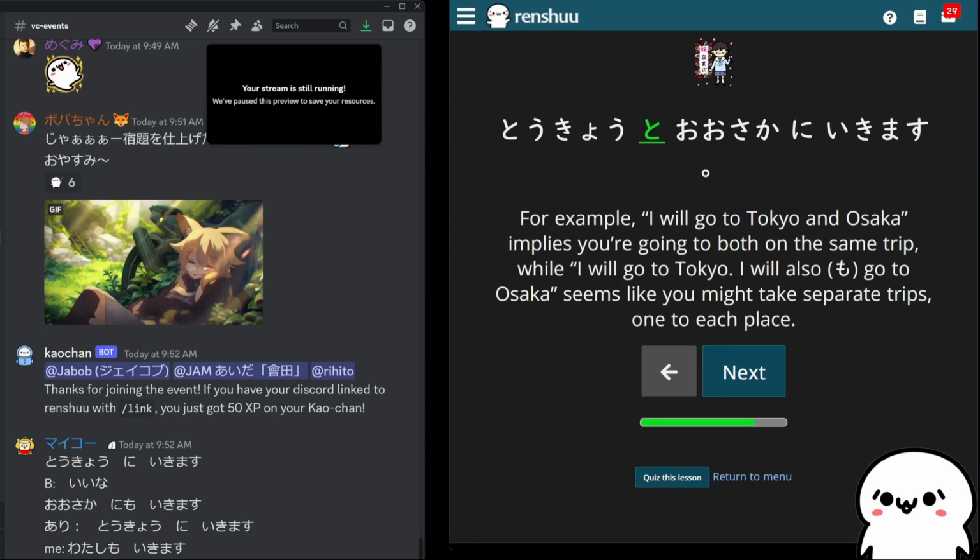If I say I'm going to, that doesn't imply at all, actually, that I'm going with Adi, or even at the same time. I'm just saying, I share that attribute with Adi. Adi is going to Tokyo, I'm going to. "To," however, shows a much stronger link, and especially with actions, it's showing a togetherness.